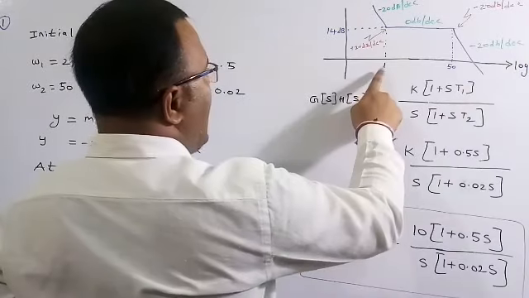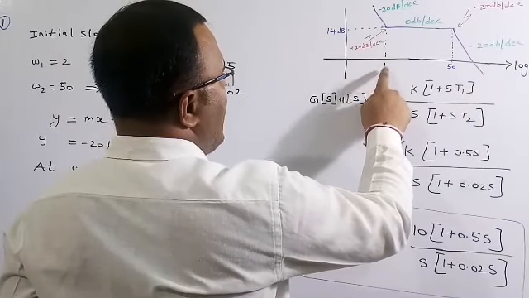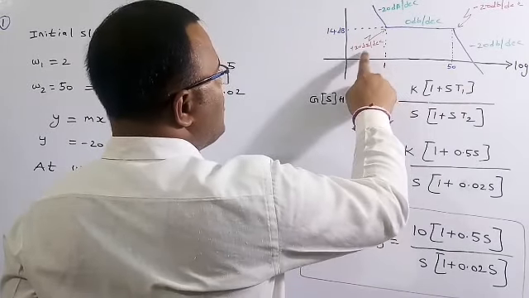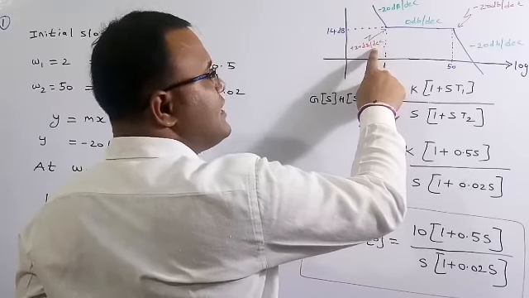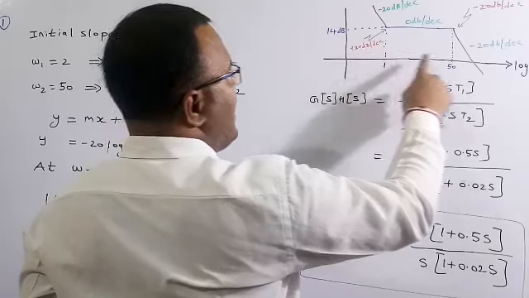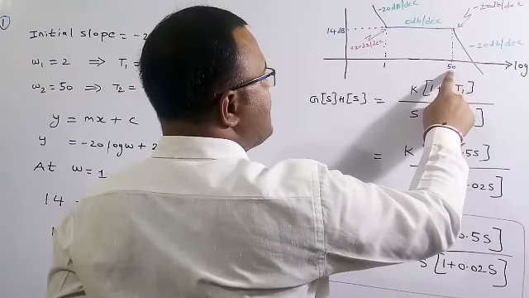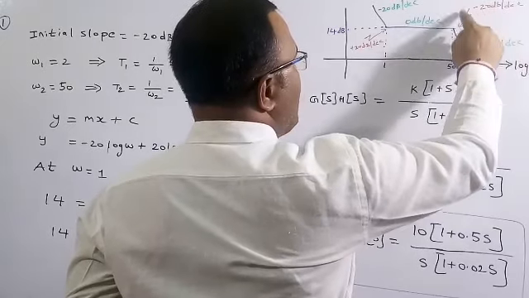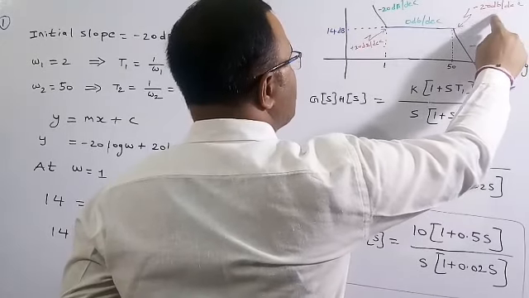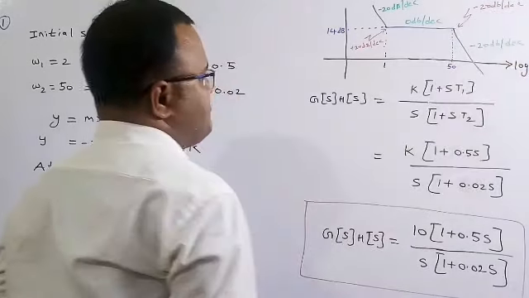So at omega equal to 1, we got a plus 20 decibels per decade, which means we need to add a single zero. And at omega equal to 50 radians per second, we are going to add a single pole. A single pole has a slope of minus 20 decibels per decade.